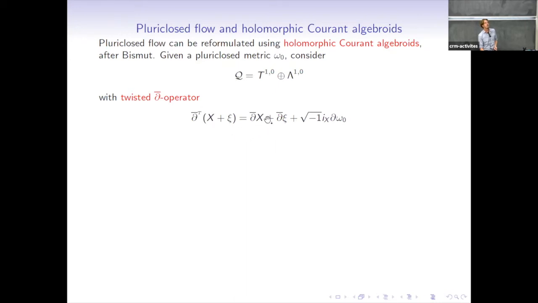So D bar plus C. I take the usual D bar operator on T10, the usual D bar operator on lambda 10, but then there's this extra term involving the torsion of omega naught. If omega naught is Kähler, of course, nothing's happening to it. But in general it's different, and the Pluriclosed condition is precisely the condition that it's actually a D bar operator that squares to 0. That's exactly what it is, but it only changes D bar on lambda 10.